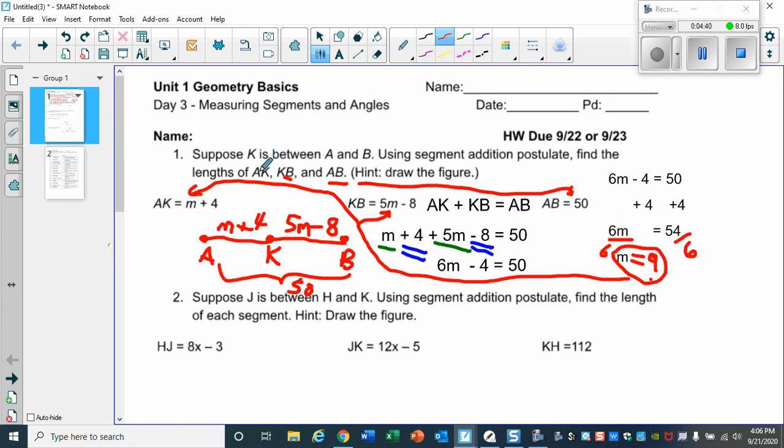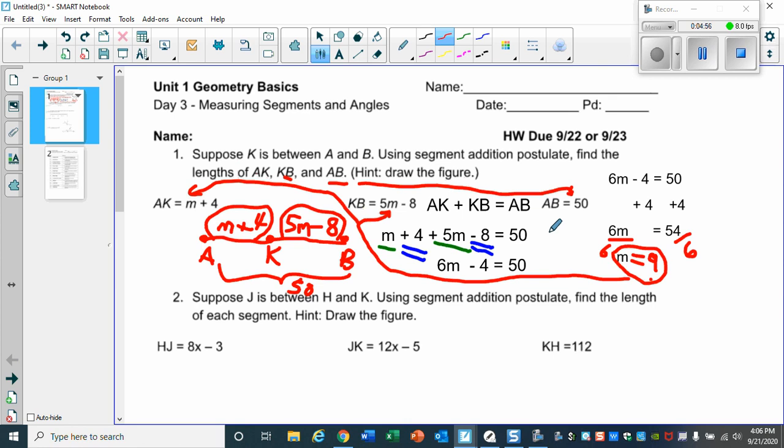The goal is to figure out what we are trying to find: AK, which is m plus 4, KB, which is 5m minus 8, and AB, but I accidentally gave that to you.